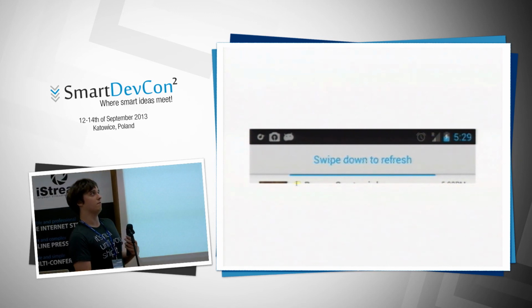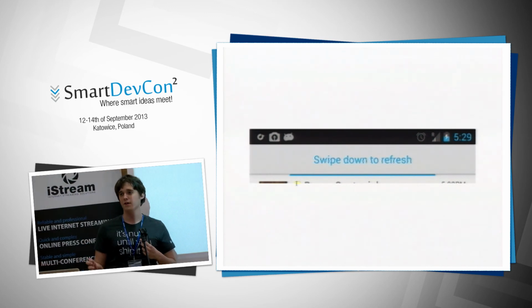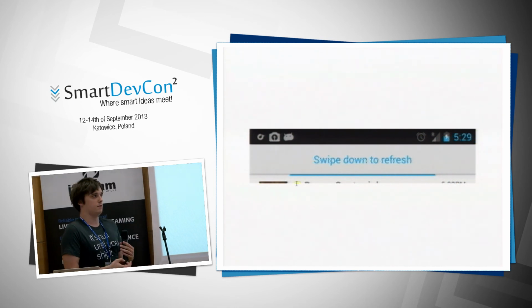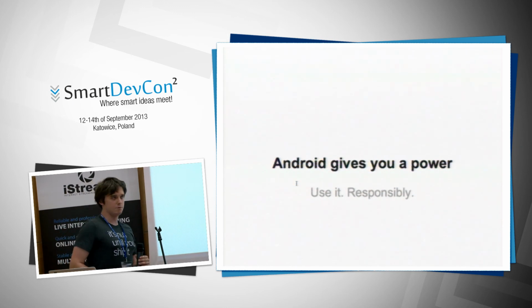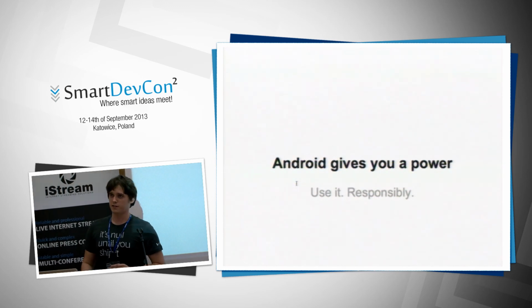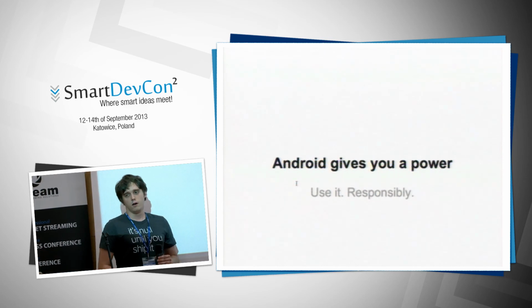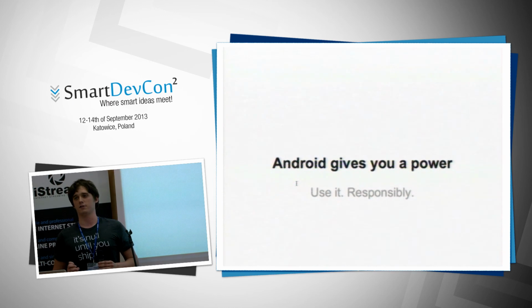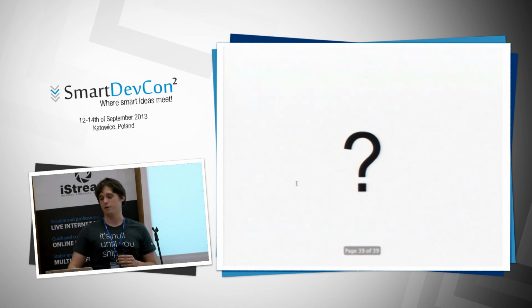And I think it's also a good example of a new pattern that was introduced recently as something new, and that is really well consumed by users. And Android gives you power, and we need to remember this, that Android gives us possibilities that, for example, iOS or Windows Phone are not giving us, but we should use it responsibly, because otherwise our app will not be usable for our users.